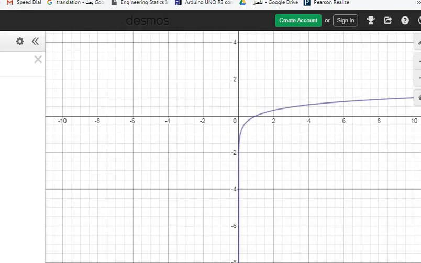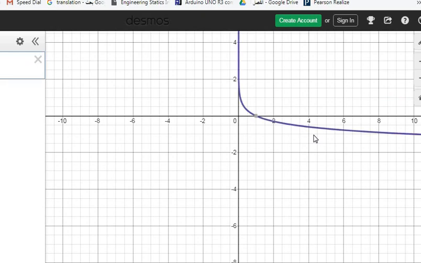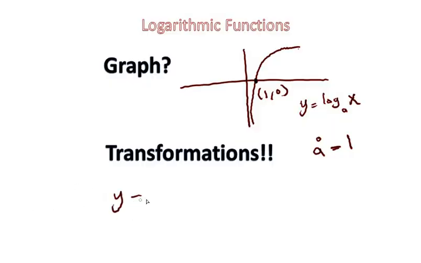Let's try to graph a different function. Y equals log x. Y equals log negative x. It's undefined. Y equals log x to the power of negative 1. This is when the power is negative. So that's the graph of y equals log base 10 of x to the negative 1. Let's graph now y equals negative log x.